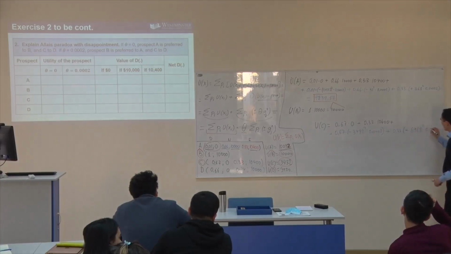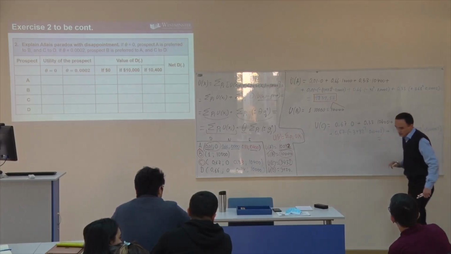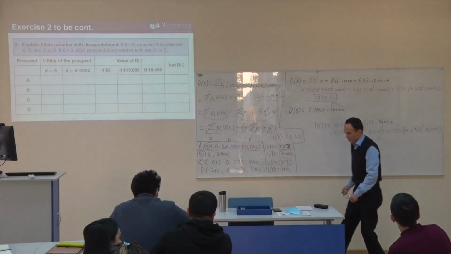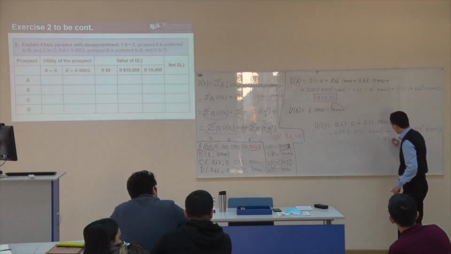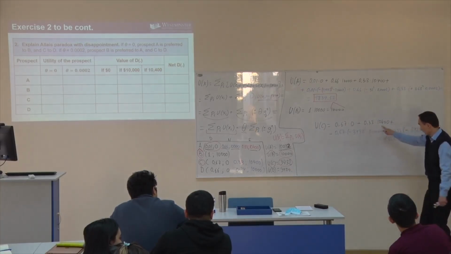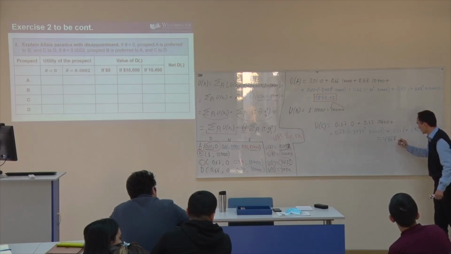Squared times 0.0002. Equal. If you calculate this one, you will get the number 4,836.2. Did I say 68?